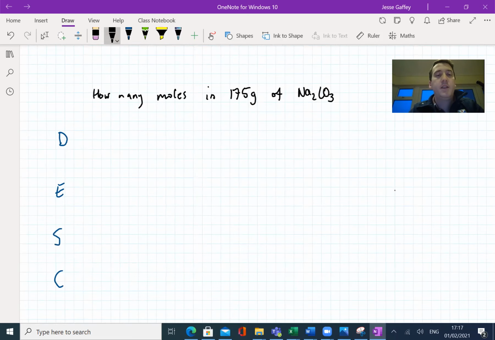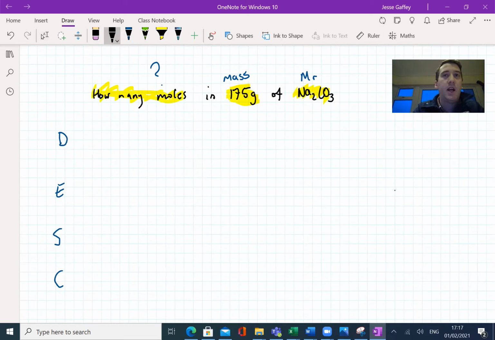So my first line, D, means data. What is my data in the equation? Well, I have a mass, I'm going to highlight, I have a mass of 175 grams. This is a mass. I have the formula for a compound, so I know I can work out the MR. And I want to know how many moles. So my moles is a big question mark.